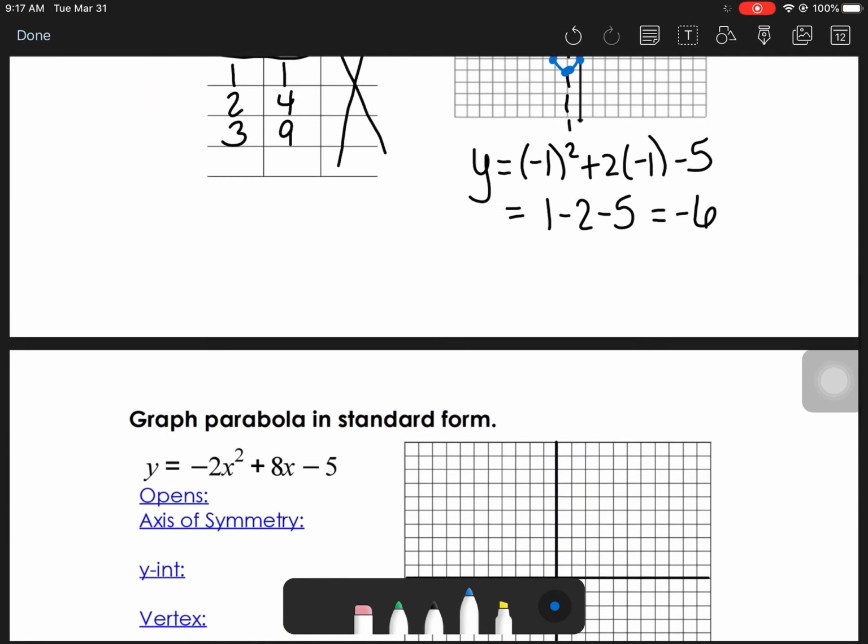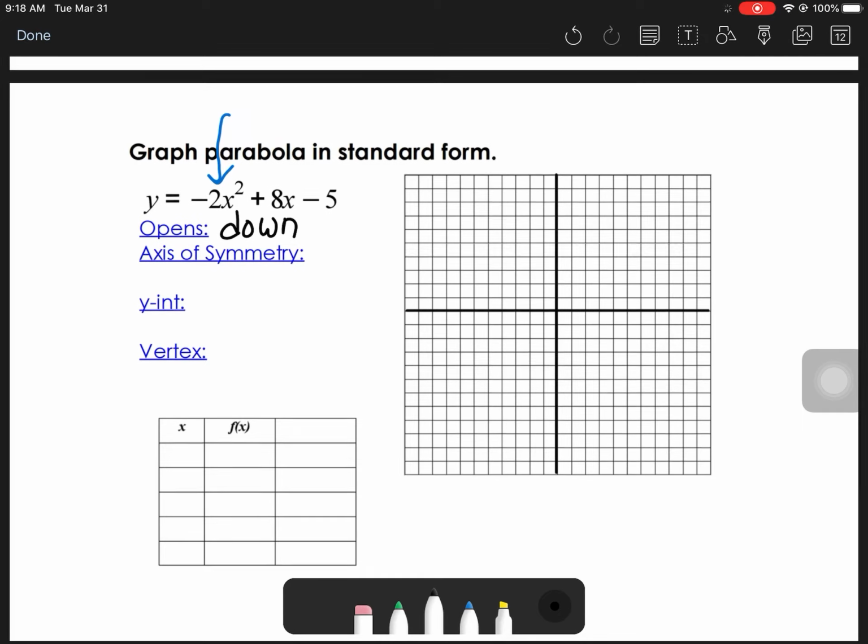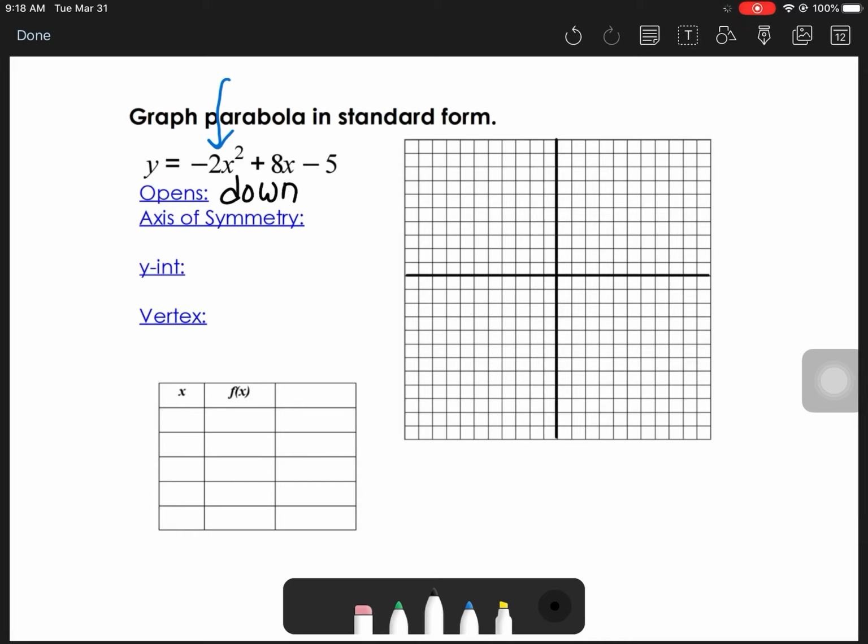Next problem we're going to do, our leading coefficient is negative 2. So we know that our parabola is going to open down. Our formula for our axis of symmetry is x equals negative b over 2a. So we're going to substitute those values, remembering a is our leading coefficient, b is the number in front of the x, c is our constant value.